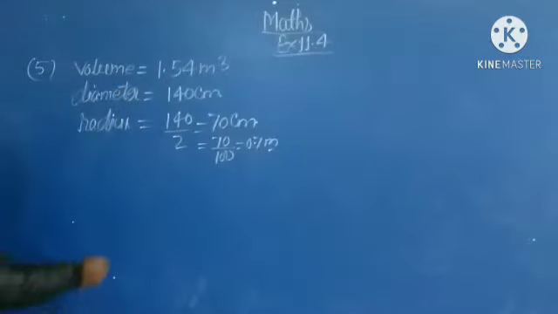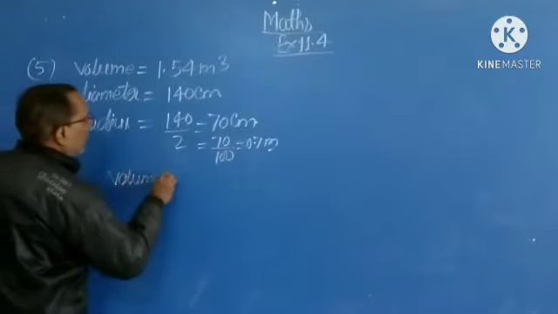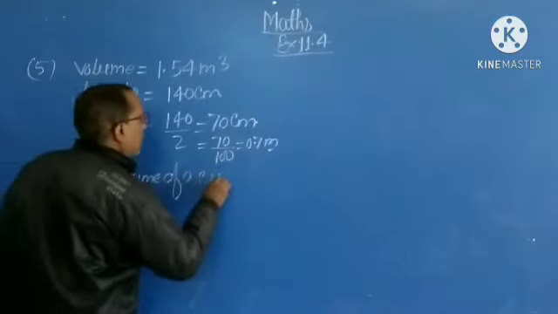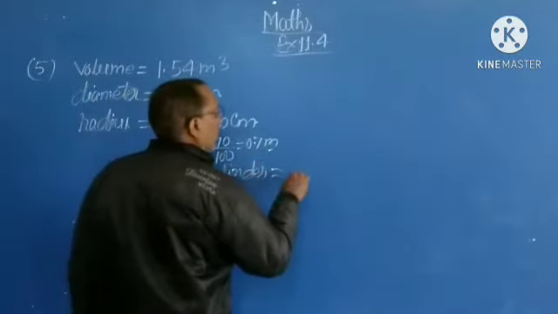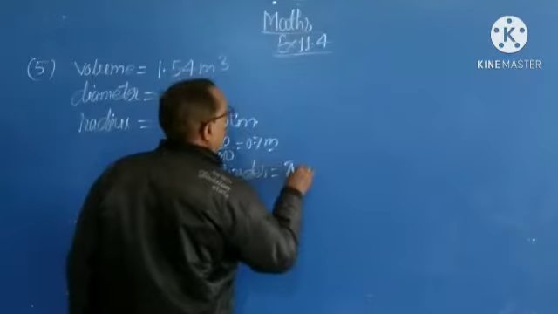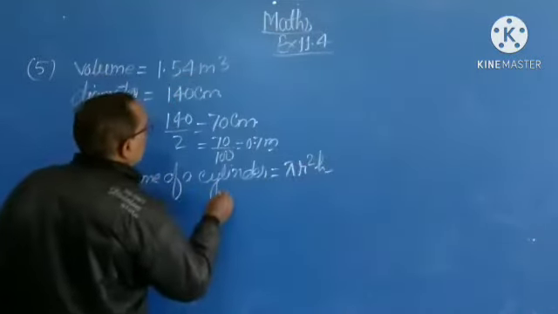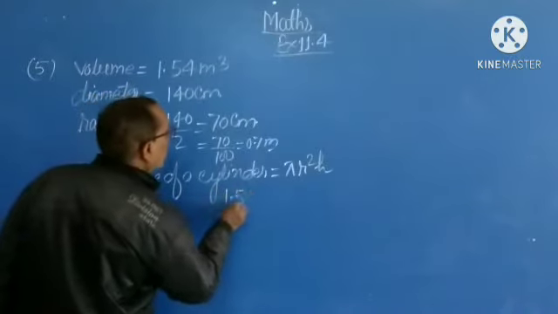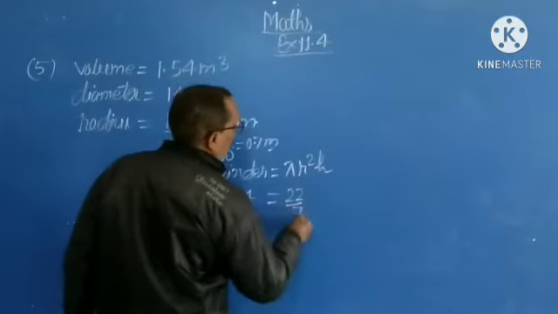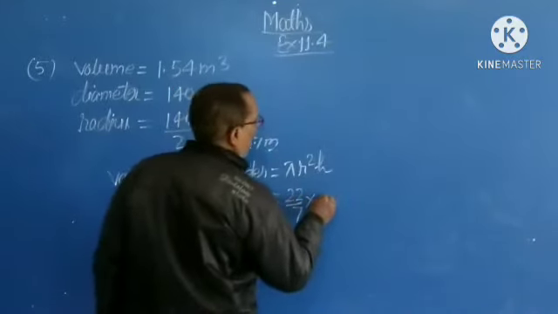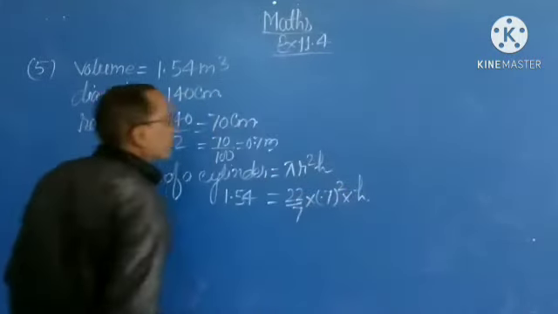Then volume of cylinder is equal to pi r square h. Volume is 1.54 meter cube. Pi is 22 by 7 into r, 0.7 square into h.